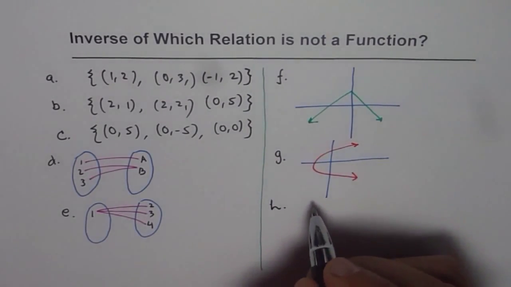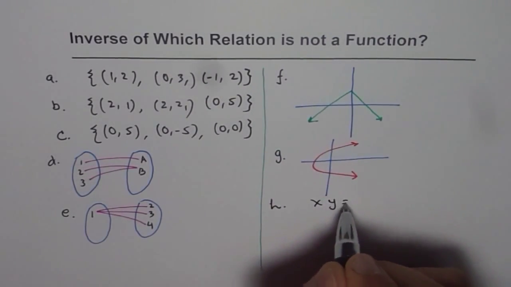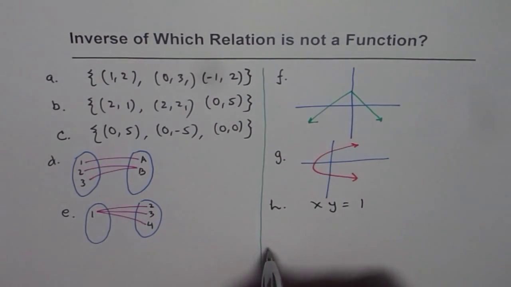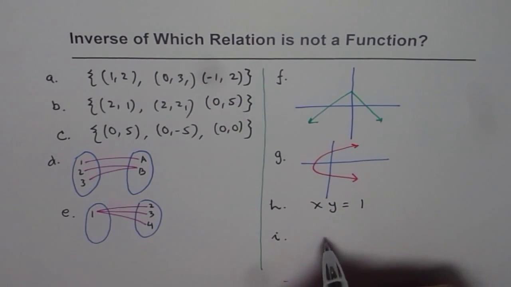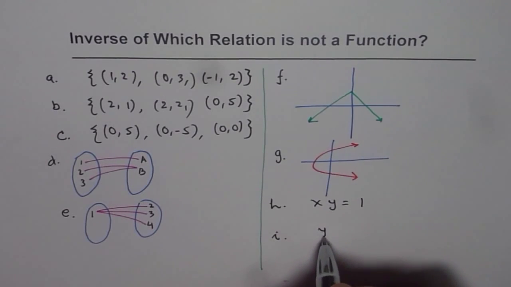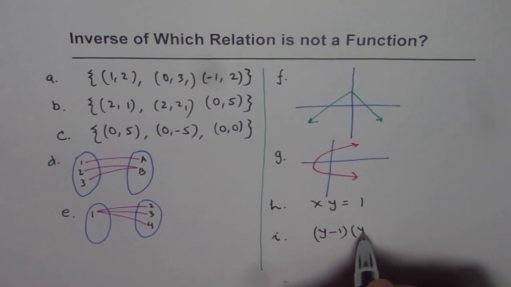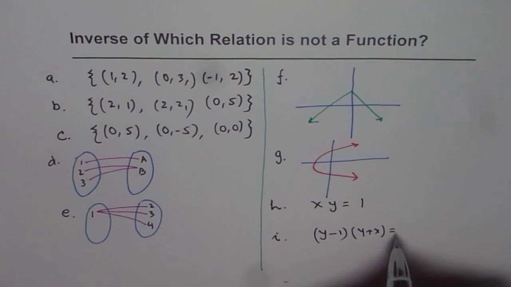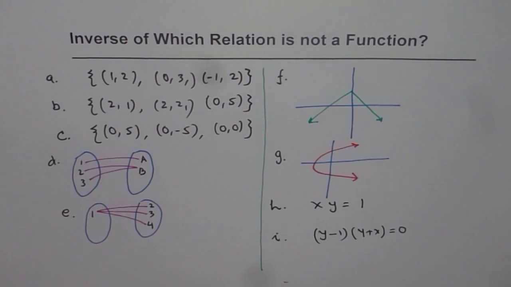I'll give you one equation, which is xy = 1. Figure out whether the inverse of this is a function or not, and then let me write this as (y - 1)(y + x) = 0.